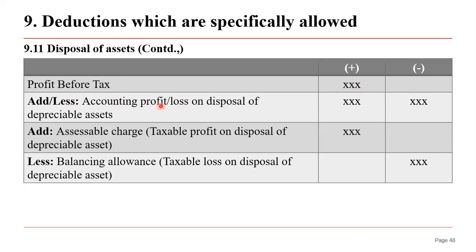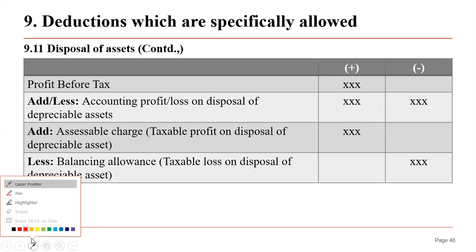If it is accounting profit, what we have to do is deduct the accounting profit here, right? Because it is included in the PBT, therefore we need to deduct the accounting profit. If it is an accounting loss, they have deducted it from here, therefore we need to add the accounting loss here, right?